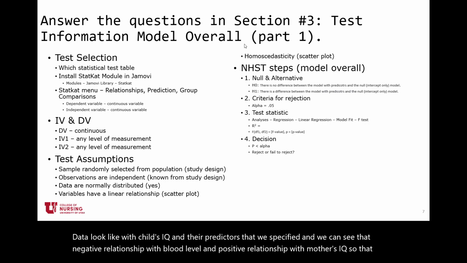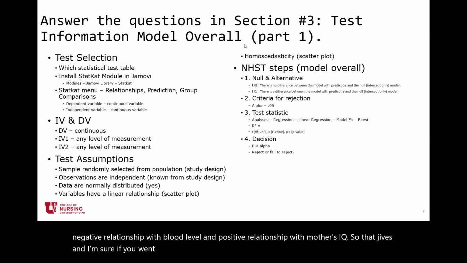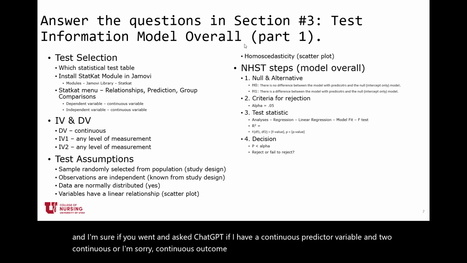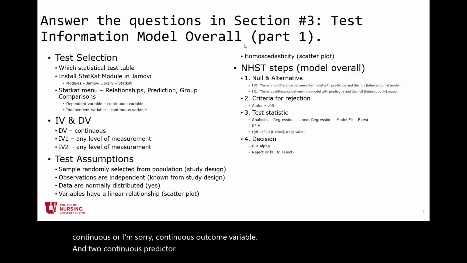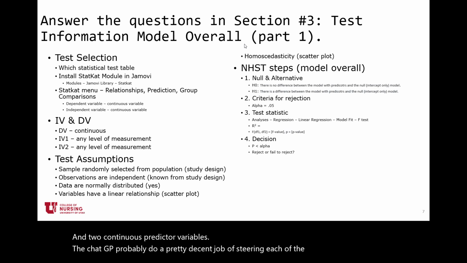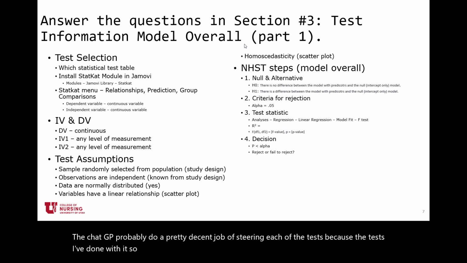And I'm sure if you asked ChatGPT, if I have a continuous outcome variable and two continuous predictor variables, it would probably do a pretty decent job of steering you to the test, because the tests I've done with it so far were pretty good.